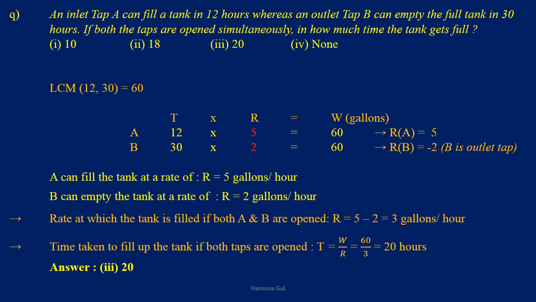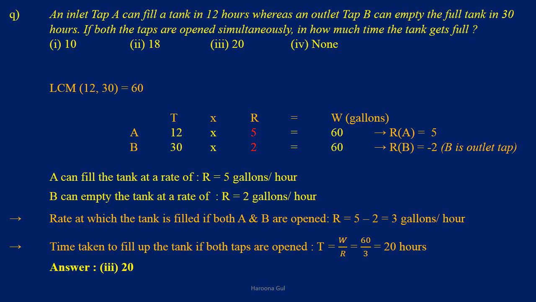So its function is to empty the tank. So we're going to subtract 2 from 5 to get the rate at which the tank is filled if both A and B are opened, right?